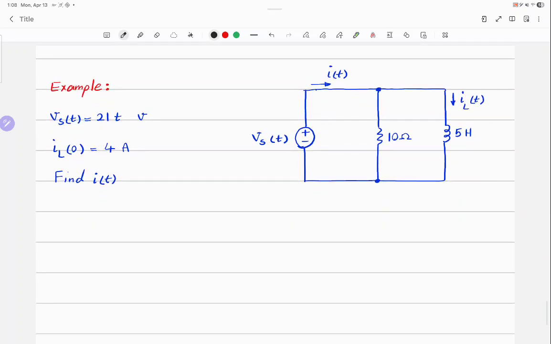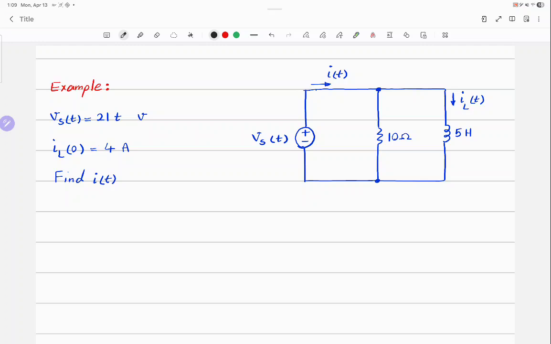Next example. How do you approach this? Parallel elements have the same voltage drop. Is that only the resistors? You tell me. I'm assuming they have the same voltage drop in parallel.